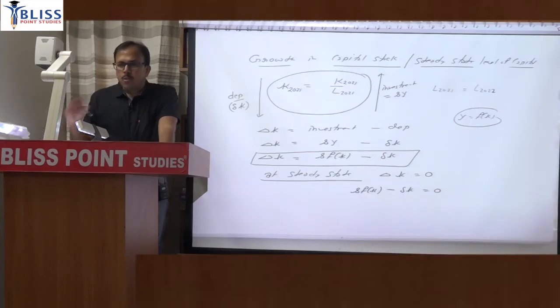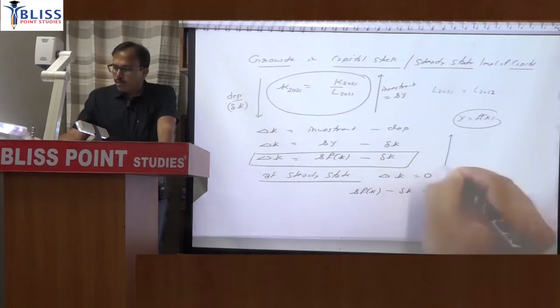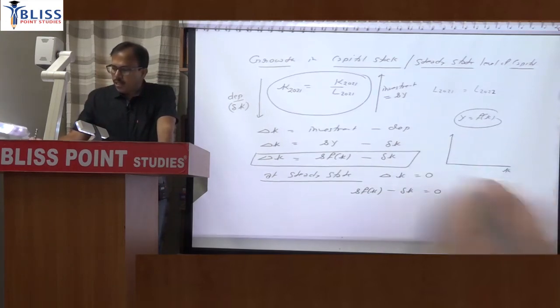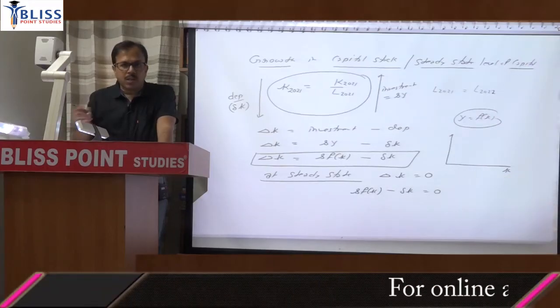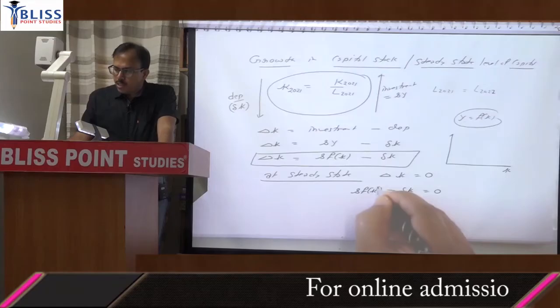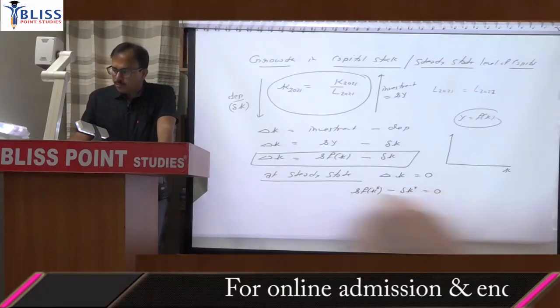And if you are able to find the steady state, then it is a unique number. When you draw a curve, there are many numbers for K, but there is one number for the steady state value. So for steady state, you just put a star mark here.